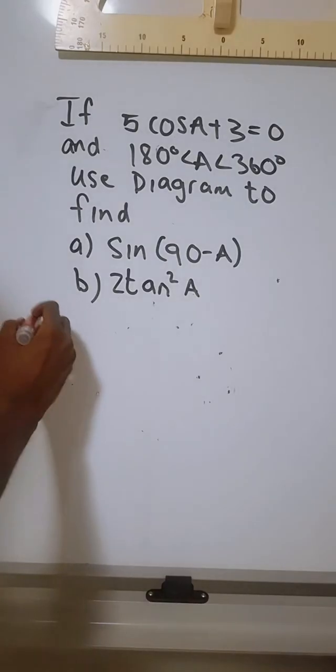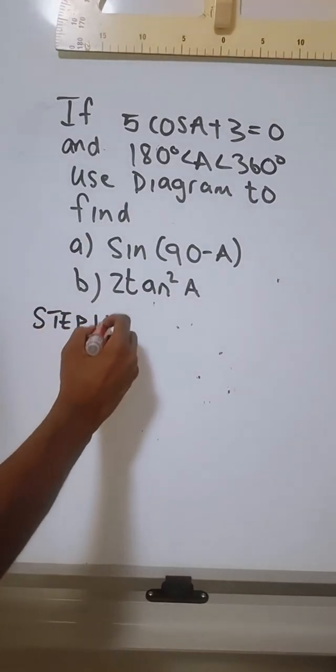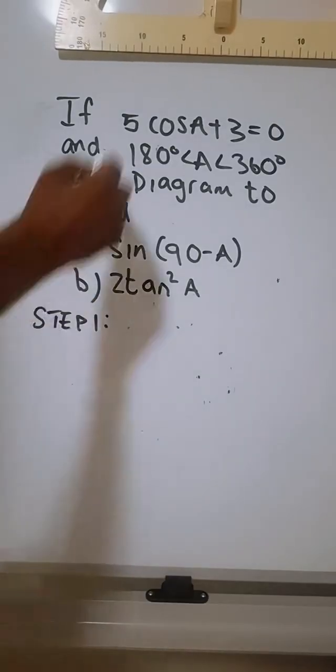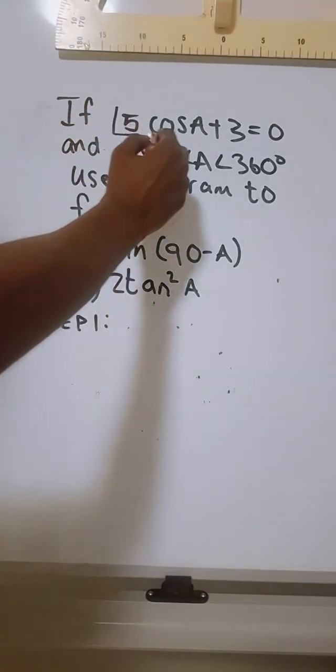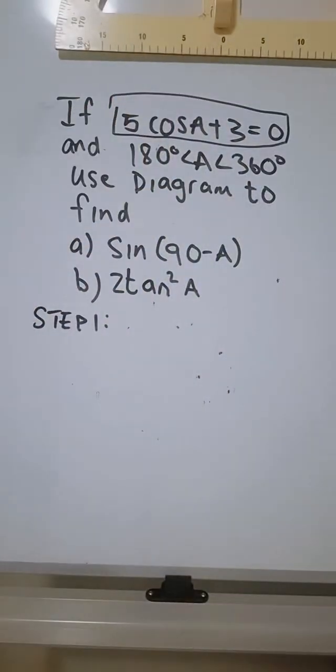So step 1. We are going to refer to the 5 cos A plus 3 is equal to 0.